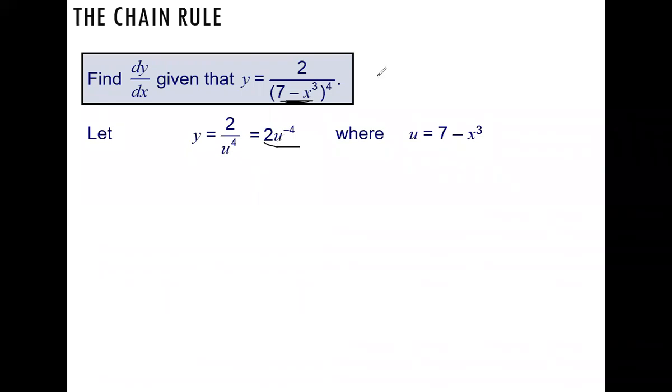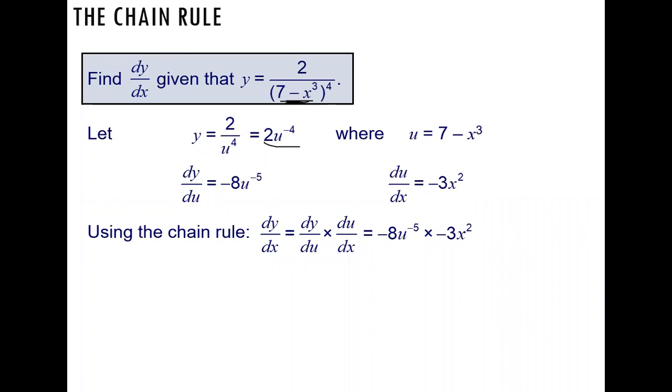Then when we differentiate y with respect to u, you should get negative 8u raised to the power negative 5. Then differentiate u with respect to x, you get minus 3 times 3x squared, then after that, multiply the two. When we multiply, you should get positive 24x squared times u raised to the power negative 5.